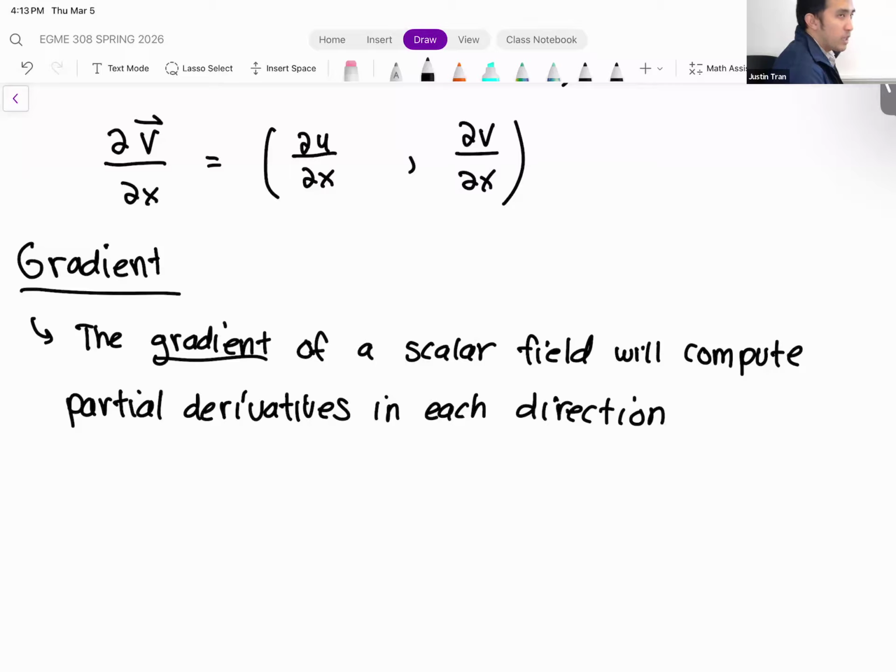The fact that we have a field tells us that we have a multivariable function, so there are going to be multiple independent variables here. When you take the gradient, you're going to compute the partial derivatives in each direction, and then store the result as a vector. Or I guess specifically, it stores the result as a vector field.